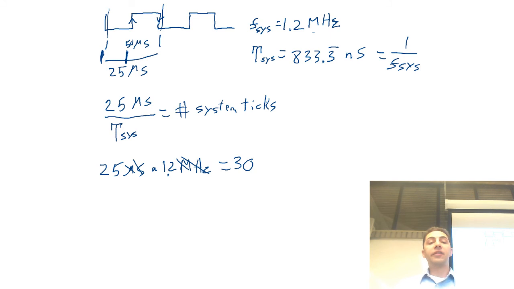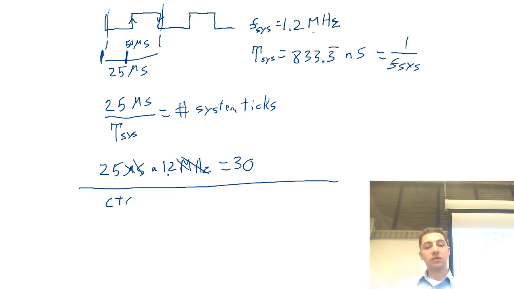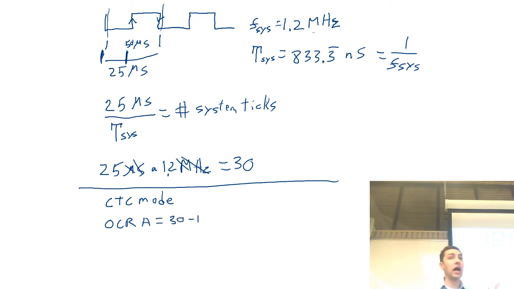So all that means now is we need to set up our system for CTC mode. The OCR register needs to be set to 30 minus 1. Another gotcha. 30 minus 1 because it happens when it goes from the maximum value to 0, because 0 counts as a thing.